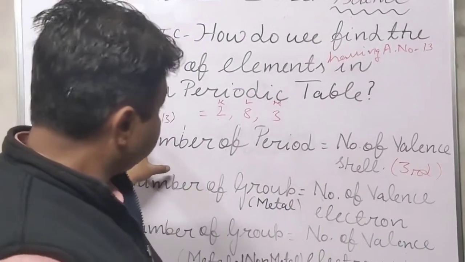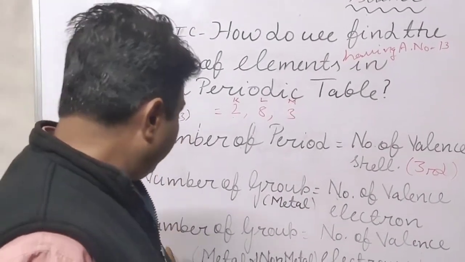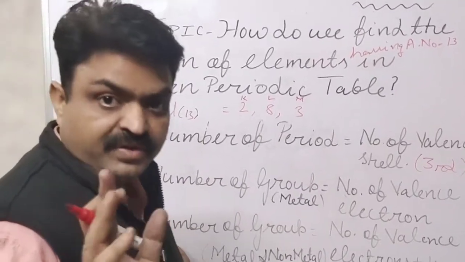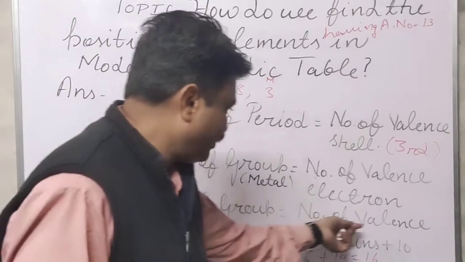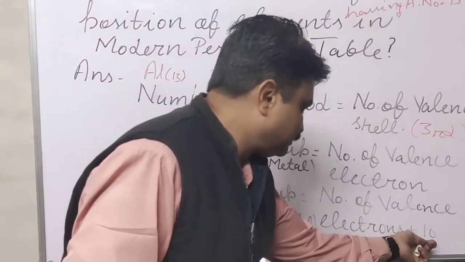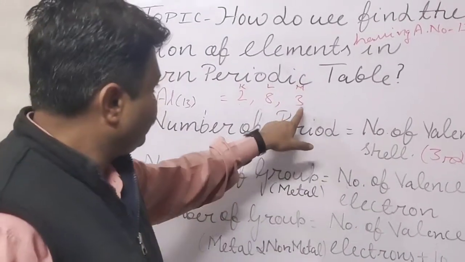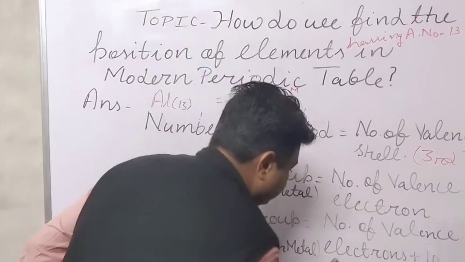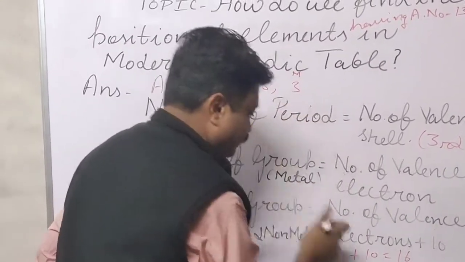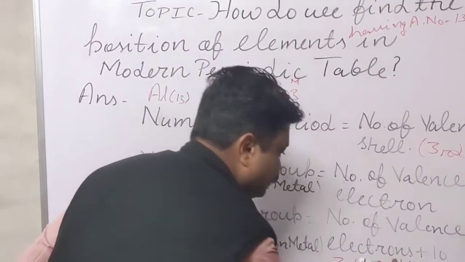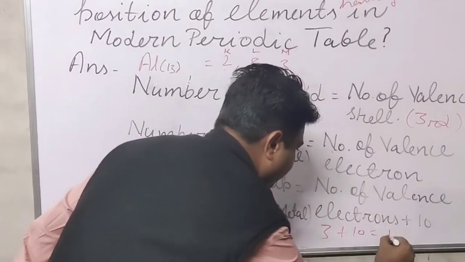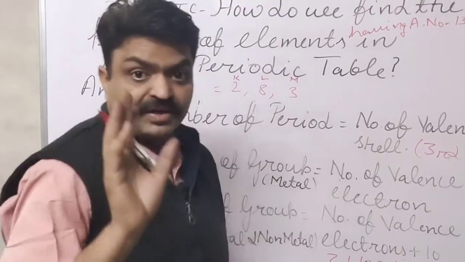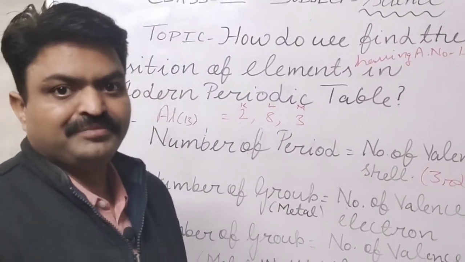Now in this case, you will learn and use this trick: the number of the group is equal to the number of valence electrons plus 10. So here in the outermost shell, 3 electrons. So what is the group of aluminium? It is the 13th group.